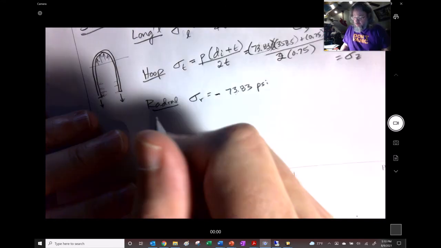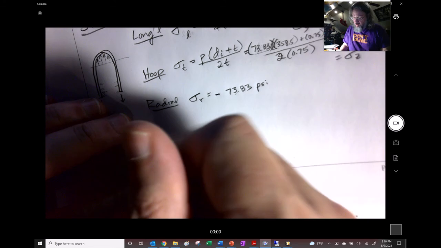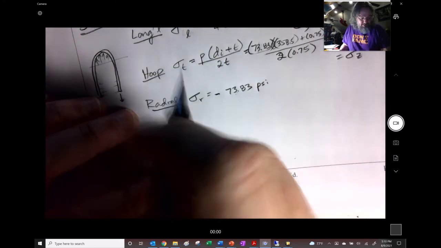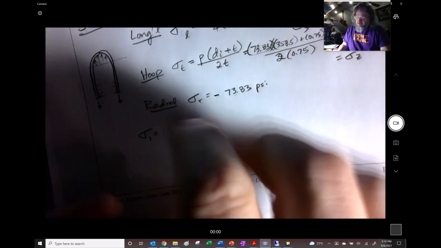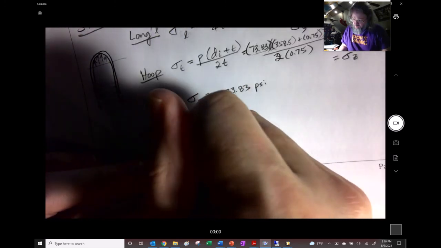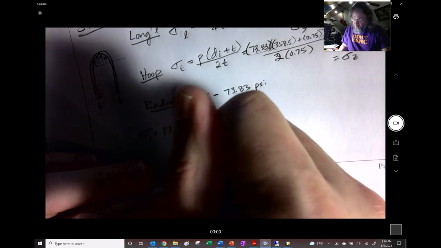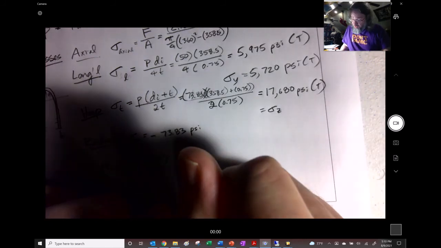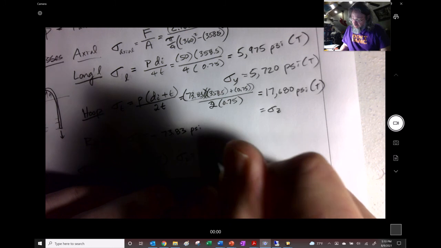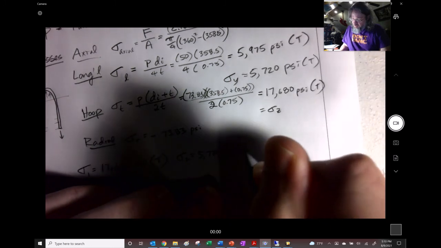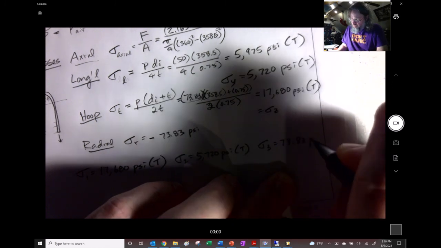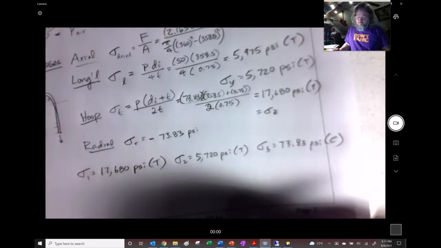So if they want the principal stresses, it doesn't really make sense to go to ksi because this one's going to be so small. So we want to definitely represent the thing. Sigma 1 is equal to that right there, that's the largest. Sigma 2 is going to be 5,720 psi in tension, and sigma 3 is 73.83 psi compression.